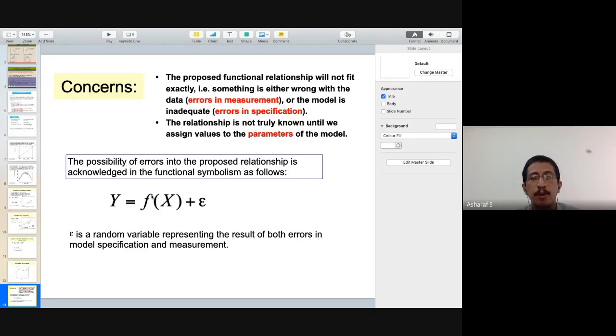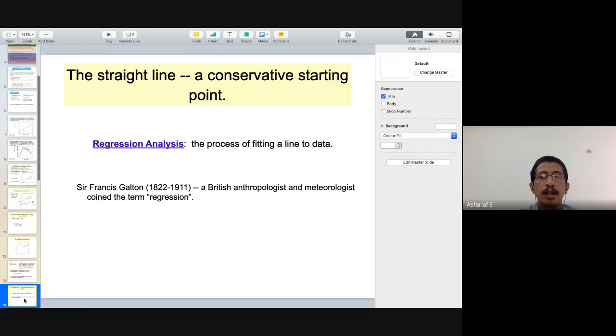Basically, the mathematical modeling context that a regression represents, right? So the relationship between y and x is represented as y is a function of x plus epsilon, when you have f approximating the relationship between y and x. There'll always be an error due to error in specification or due to measurement, and that you represent using a random variable called epsilon, which is essentially called a residual, right?